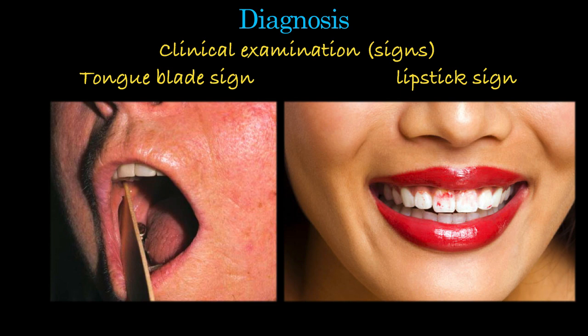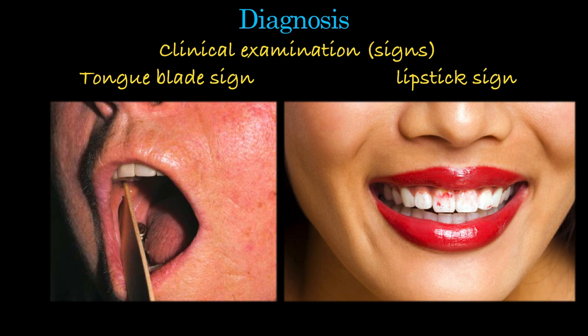The other sign is the lipstick sign. What is the lipstick sign? We agreed that the lips will be very dry, cracked, and there will be peeling of the epithelium. So these shed epithelial cells, mixed with the lipstick of the patient, we can find deposited on the labial surface of the anterior teeth.